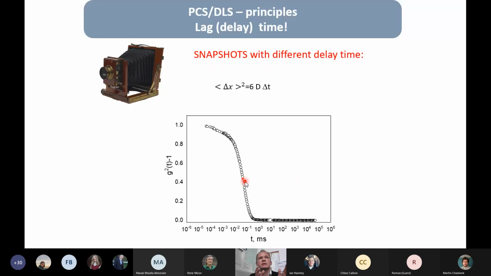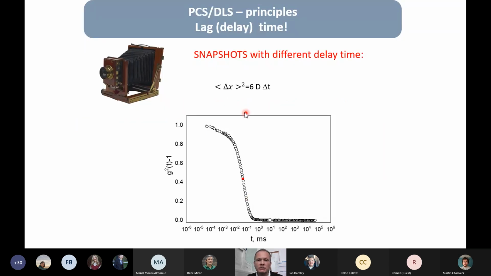It measures the fluctuations of intensity of scattered light, it calculates the correlation function, and then by selecting different lag times, different times between snapshots, it measures the time dependence of the correlation function. And from this analysis, from its behavior, you can get the value of the diffusion coefficient, right?